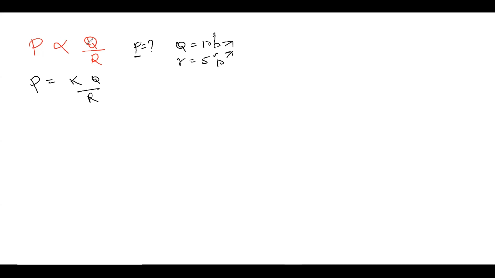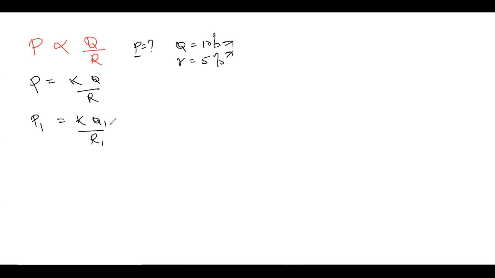Once you have this, it means that if there is a change in Q and R, there will also be a change in P. Then from this statement, you come up with another new statement so that there is another P which is not this 100%, because if the other values change, it also changes. So it becomes P1. P1 will be the same as K, Q1 over R1.